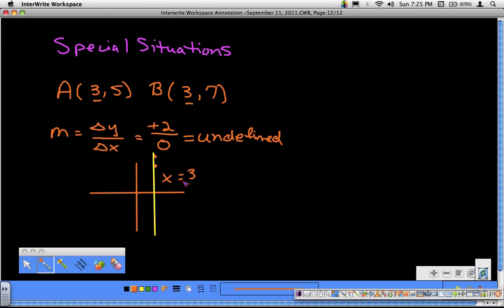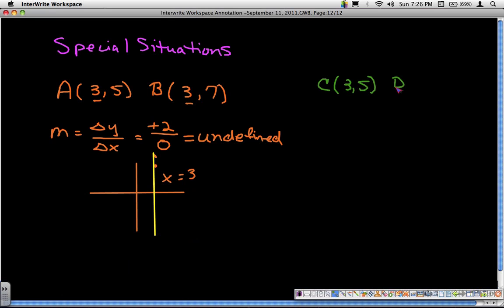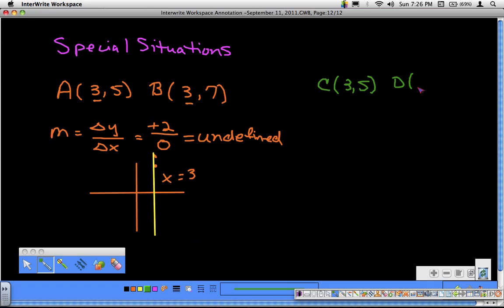All right, let's look at another situation that fits under this special type. Let's go point C. Let's start with 3, 5 again. And point D, let's let this one be at negative 1, 5. All right, so let's set up our change in y over change in x again.